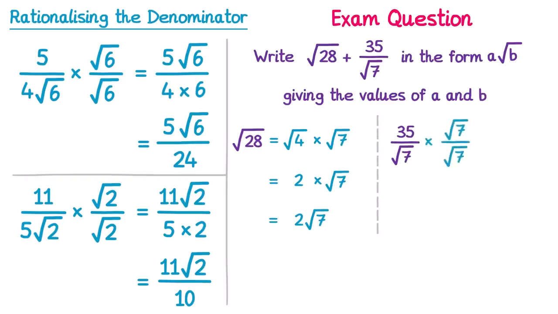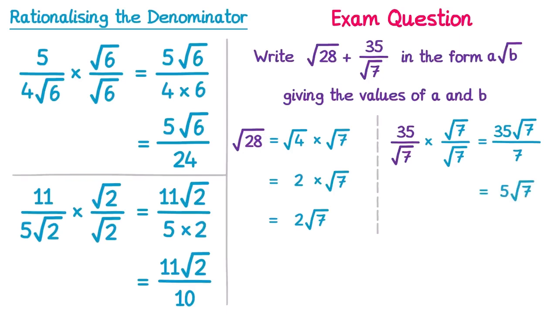Let's multiply by root 7 over root 7. On the top, 35 times root 7, that's 35 root 7, and on the bottom, root 7 times itself is 7. This one can simplify, we've got 35 over 7, and 35 does divide by 7 nicely, that gives you 5. So this is just 5 root 7.